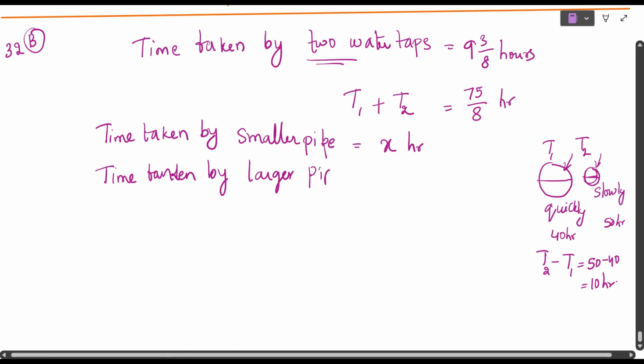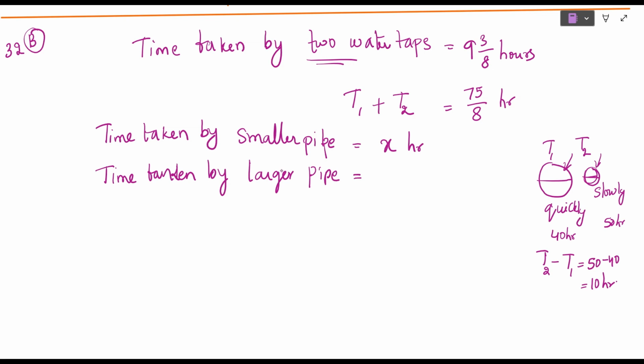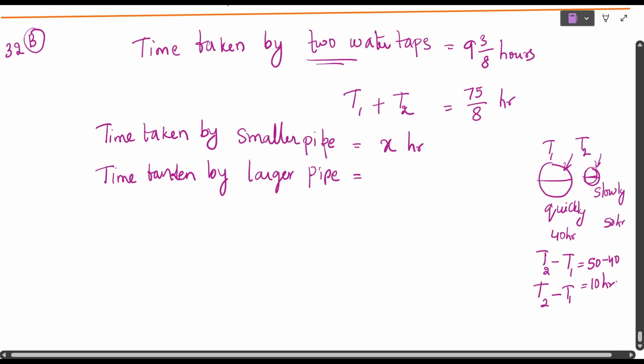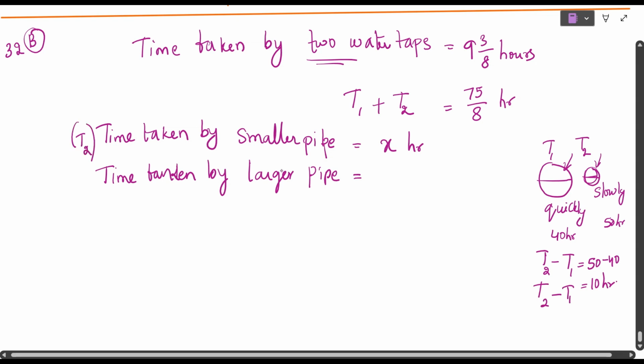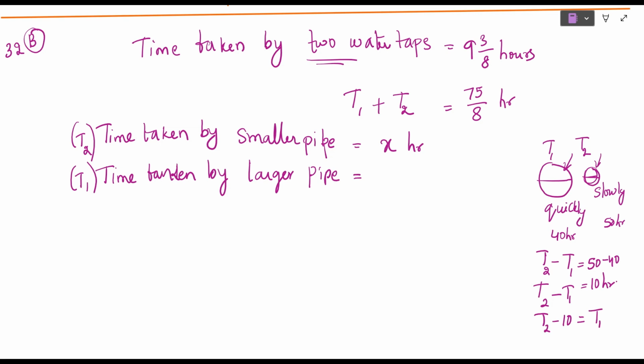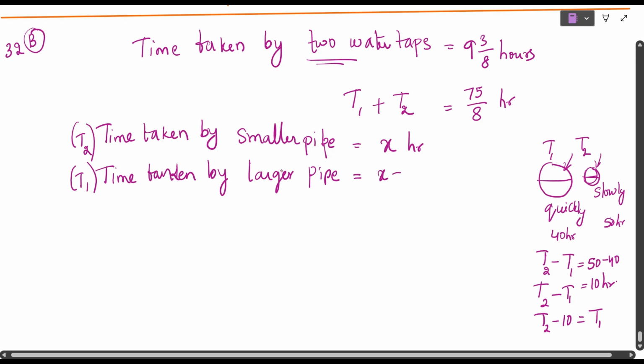Will be how much? So T2 minus T1 is equal to 10 now. So smaller pipe here, this is T2 and this is T1. So how will you get T1? T2 minus 10 gives T1. Understood? So T1 is nothing but x minus 10 hours. Understood?